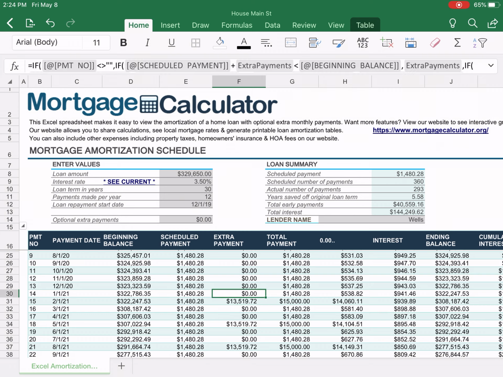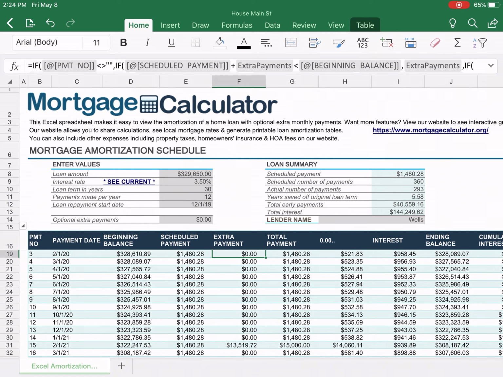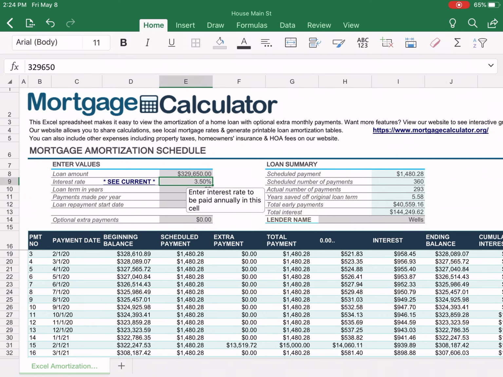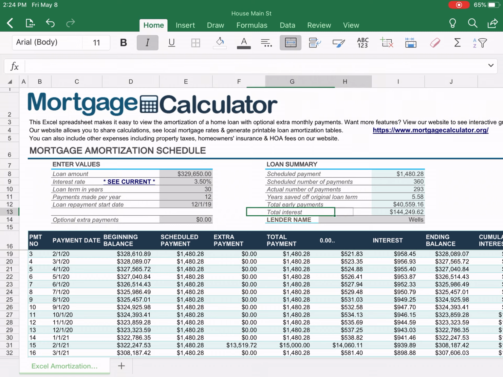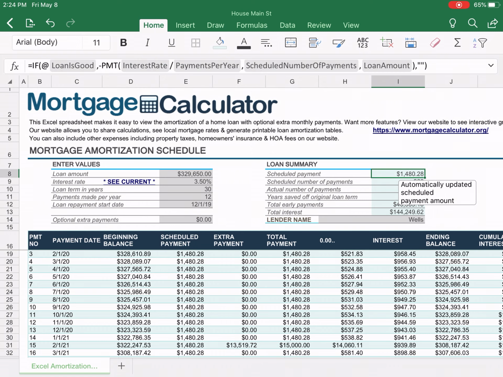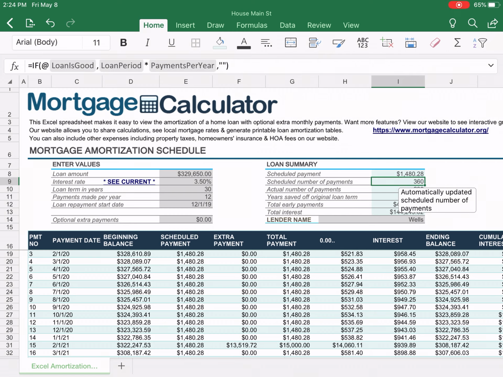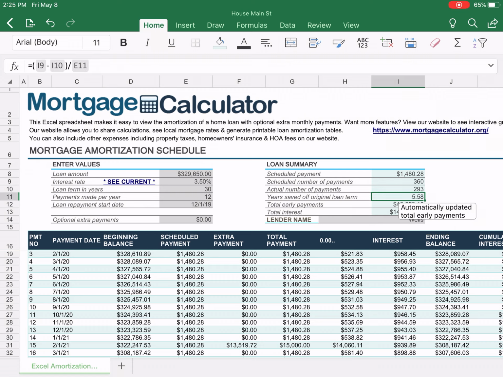So up here are the particulars: the loan amount, the interest rate, the term, the payments, when it started. Over here is my payment, which is just principal and interest. And how many actual payments.